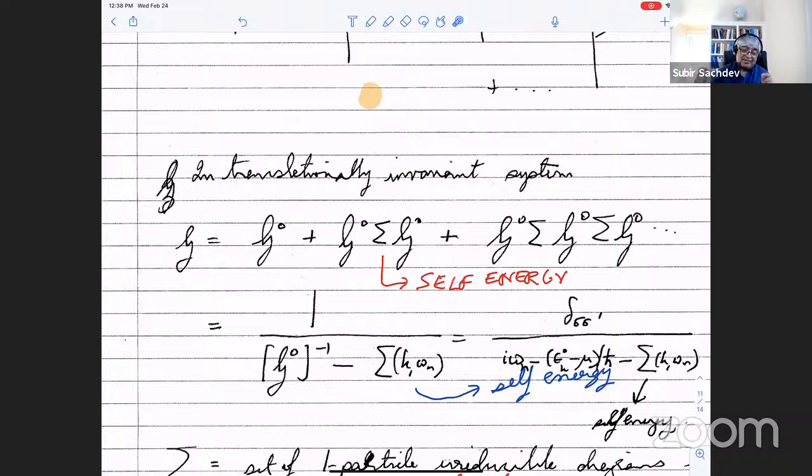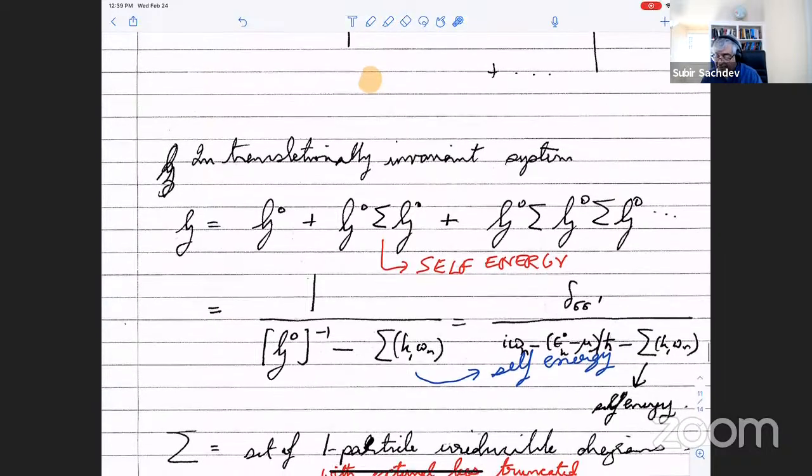Now, that's not strictly true, but that's also included in this description because the self-energy also depends on frequency. The fact that it depends on frequency in addition to the momentum encapsulates the fact that you can't really think of the environment as just changing the dispersion of the particle. That's true in Hartree-Fock theory, but not beyond it.